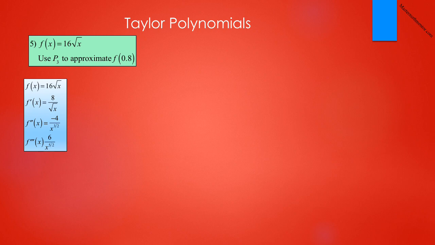Clearly, the best place to do this is at x equals 1. It is close to 0.8, and it is easy to take the square root of x and x to any power over 2. So now we plug 1 in to f and its derivatives.